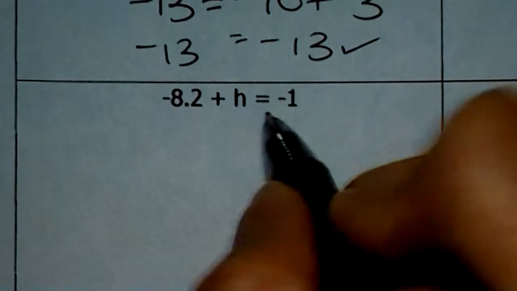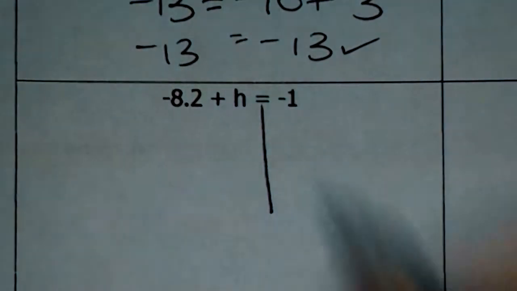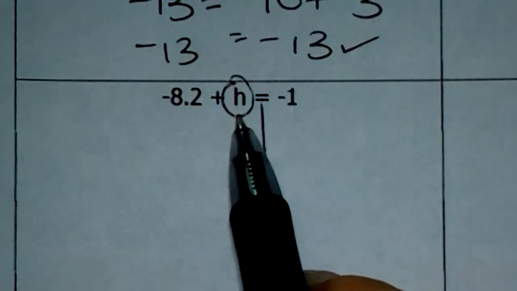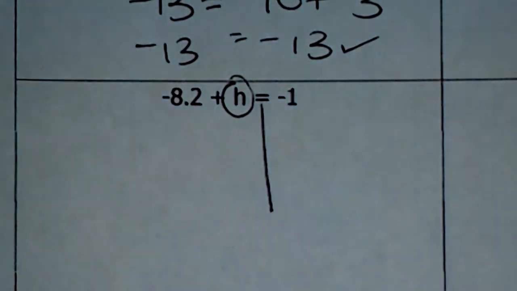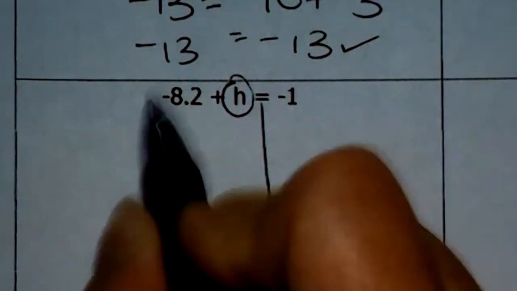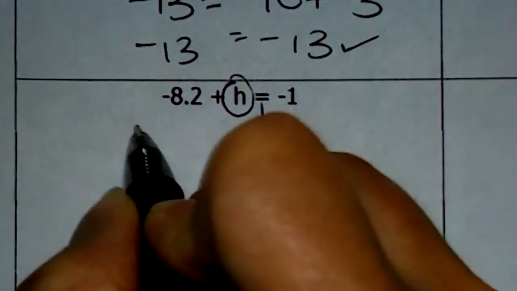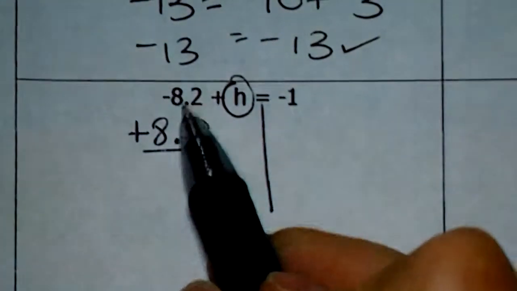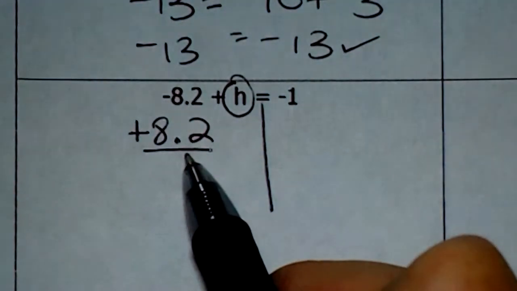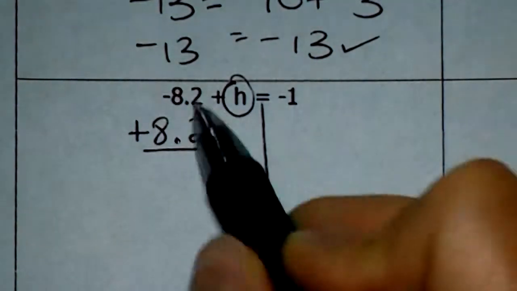So draw your line. There isn't subtraction. I don't have to worry about it. Here's H. That's the variable. That's what I want by itself. Negative 8.2 is being added to H right now. And we learned that with addition equations, you just need to add the opposite of what's being added. The opposite of negative 8.2 is a positive 8.2. When you add negative 8.2 and positive 8.2, that equals 0, because those are like terms.